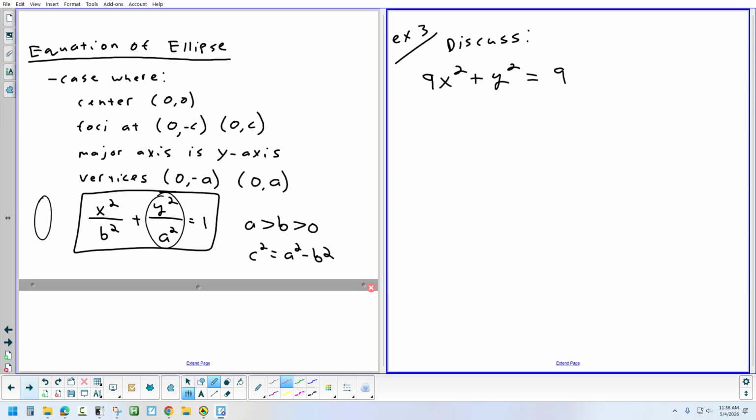Okay. So they want us to discuss that equation. Now, one way that you know this is an ellipse, because on the test, you're going to have to decide whether the conic section is an ellipse, a circle, or a hyperbola. Well, first of all, in those three conic sections, the x variable is always squared, and the y variable is always squared. In a parabola, that's not true.